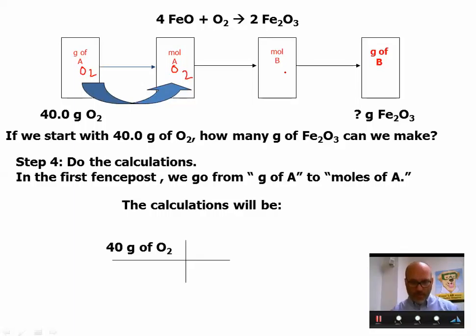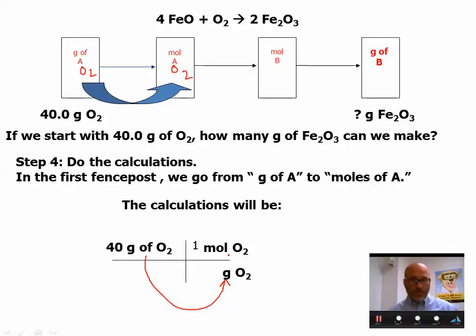So if we have grams of oxygen in the upper left, what goes here? Well, remember, whatever you start with always goes here. So we have grams of oxygen in the bottom right, and we want moles of oxygen, so that goes in the top right. And remember, when we're going between grams and moles, what do we always put in front of moles? Well, we put a 1 there, because 1 mole of oxygen, what's the mass of 1 mole of oxygen?